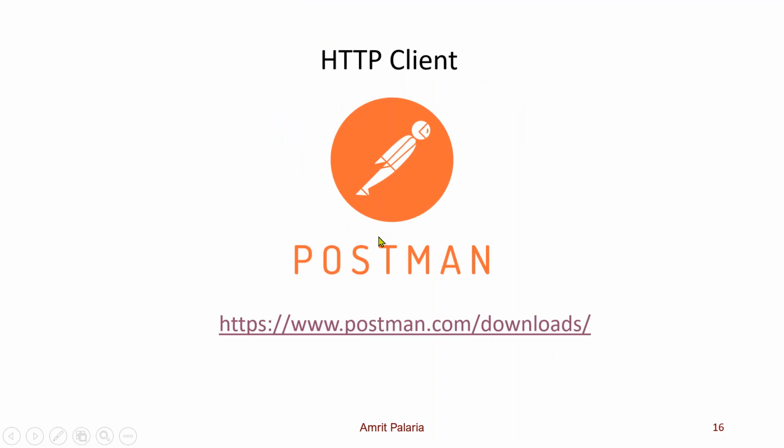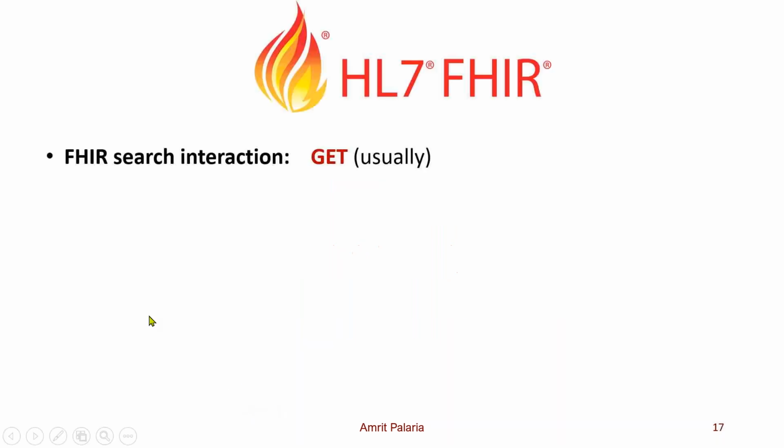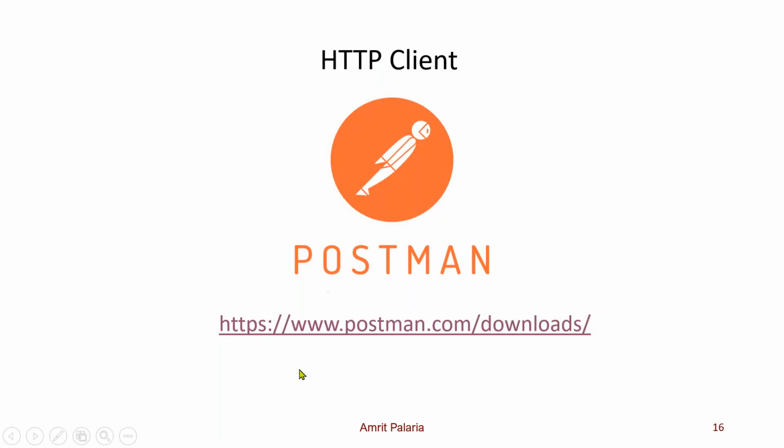Okay. So for doing HTTP, you need to have a client that understands HTTP. I'm going to use Postman, which is probably the most popular one, but there are several of them. If you're interested, you can go to this link and download Postman. Just to show you, there's a download page here.